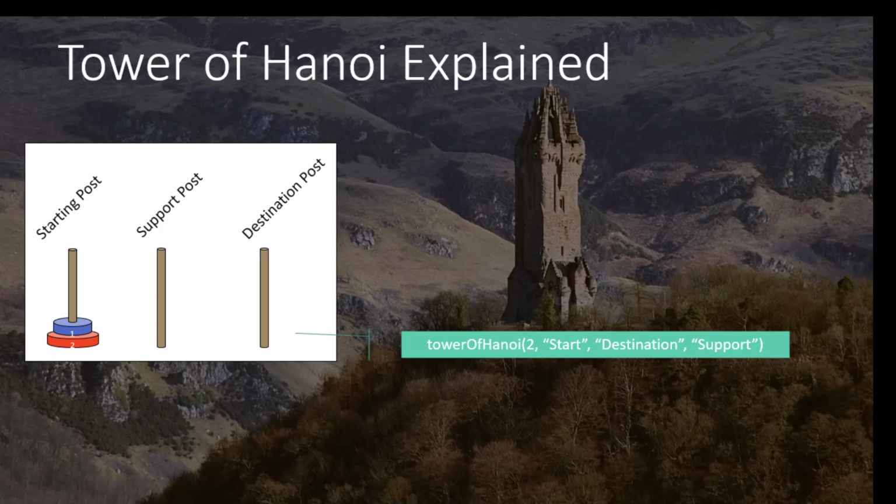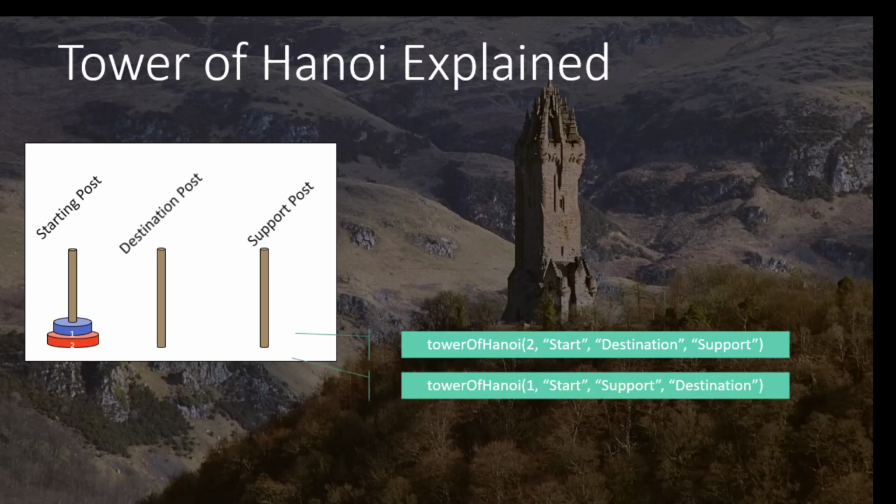So according to the rules, in order to get the top one, number 1, out of the way, I'm swapping what the destination is. Remember, when I'm in the midst of the game, I forget about the bigger picture.